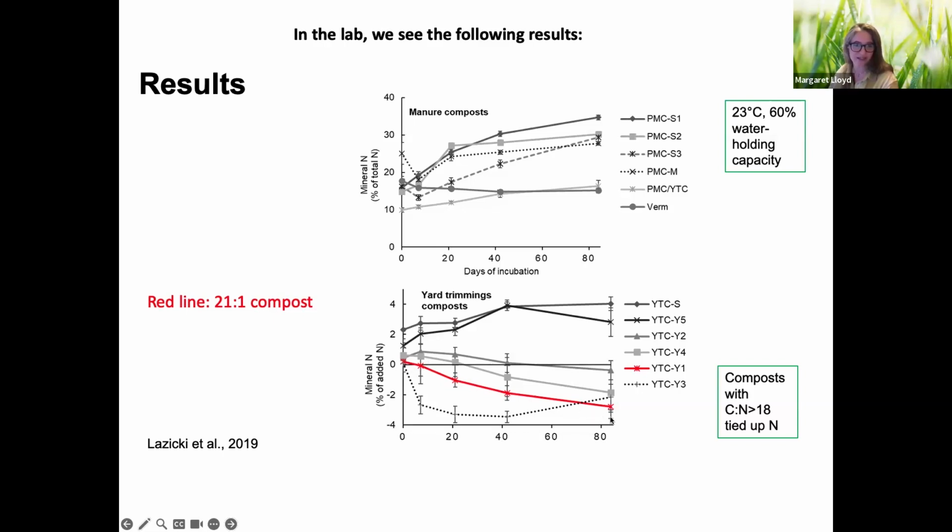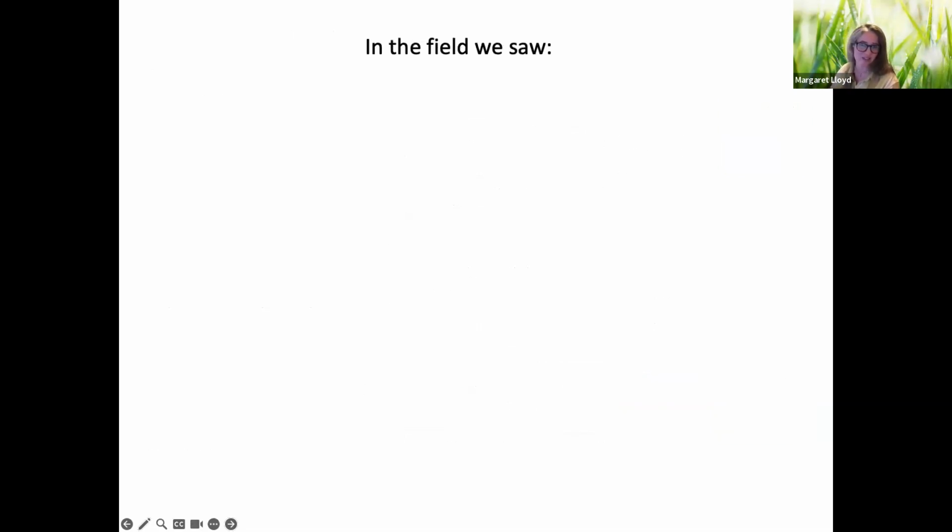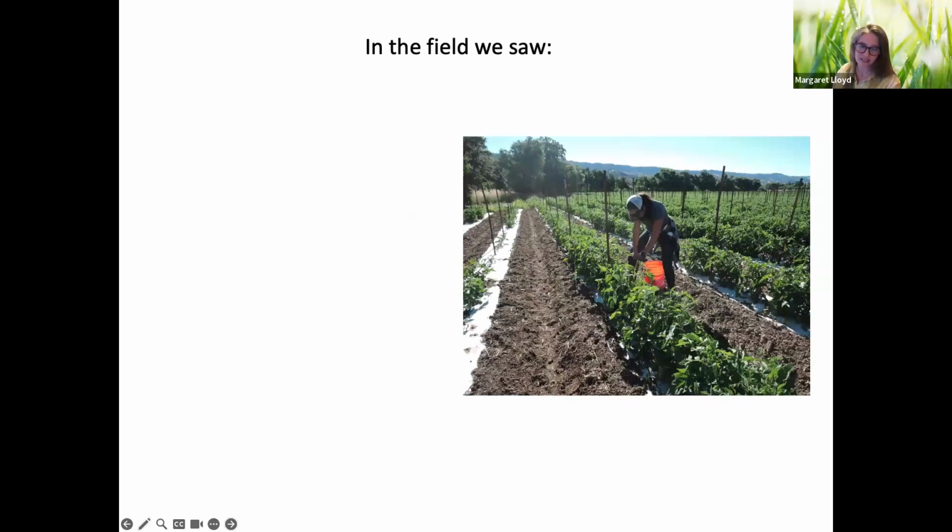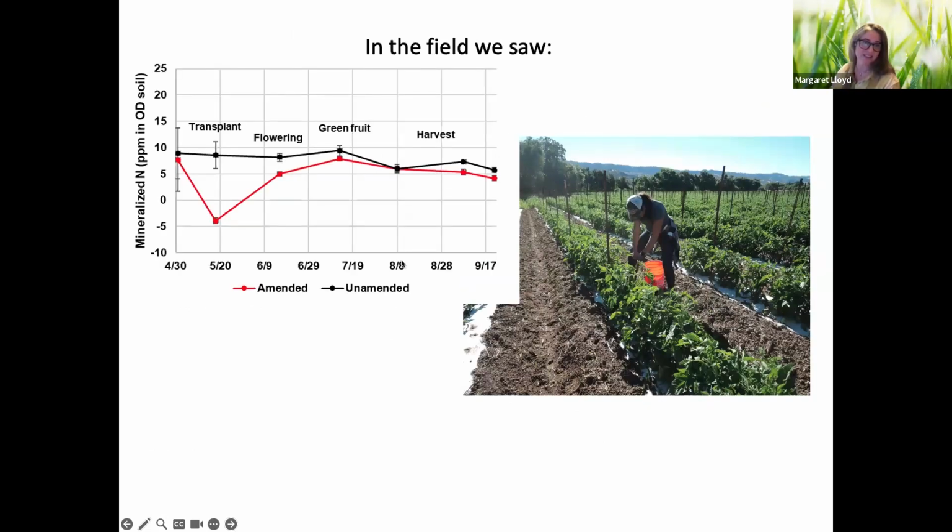And the one in red is the one that we used in this specific study. So you can see the range of yard trimmings compost, and here's the one in that study. And so this compost was added. It had a C to N ratio of 21 to 1. It was added in the spring. And once that got added, this is what we saw.